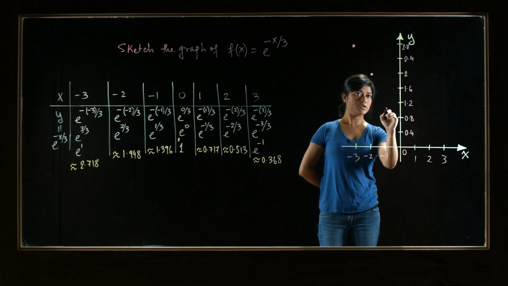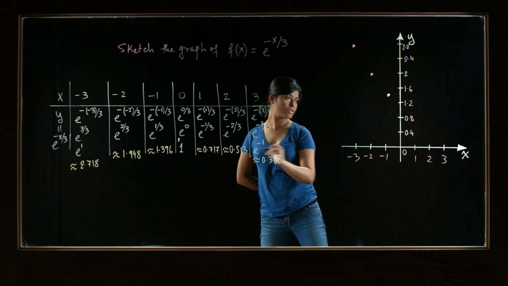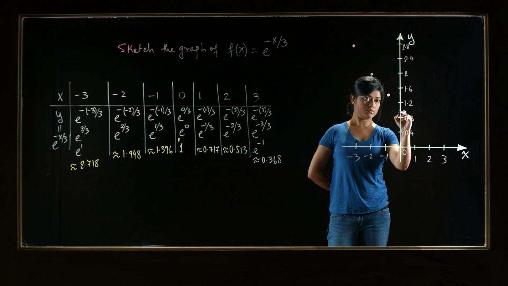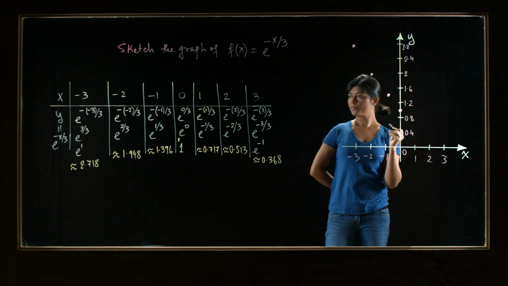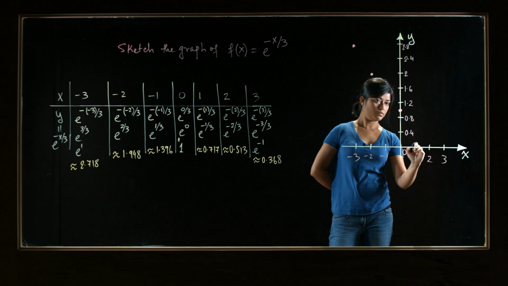So -1 and 1.4, almost the middle here. Okay, at 0 it's exactly 1. So somewhere here. And then 1 and 0.7.